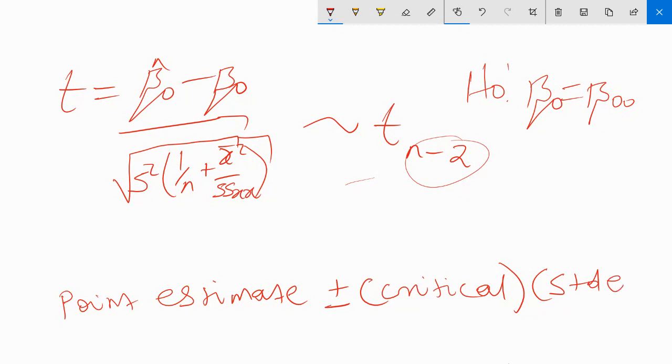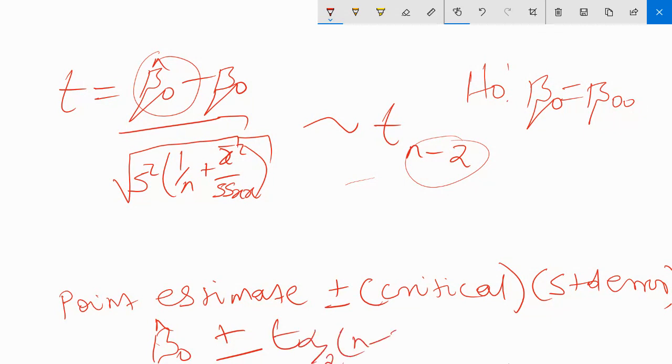So the point estimate we have is beta 0 hat plus or minus the critical value T alpha over 2, n minus 2. Then the standard error is here. I can even take this S out of the square root, because it's S squared, and then I will have S times the square root of 1 over n plus x bar squared divided by SSxx. Is it clear?